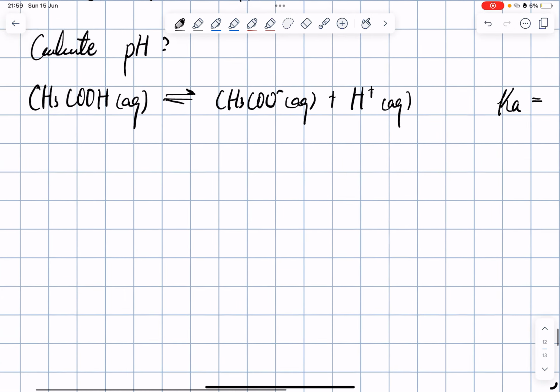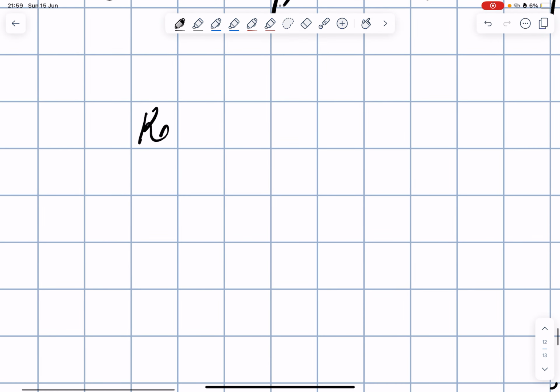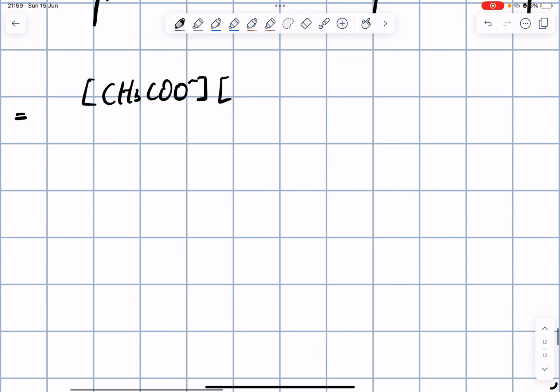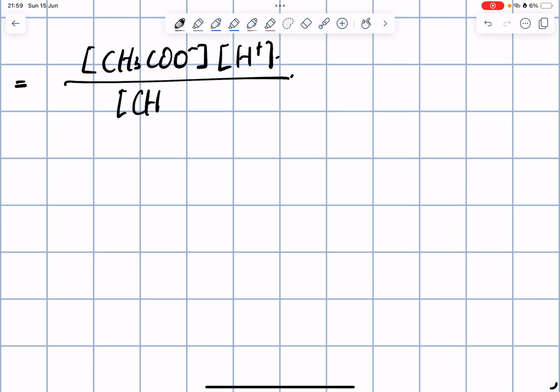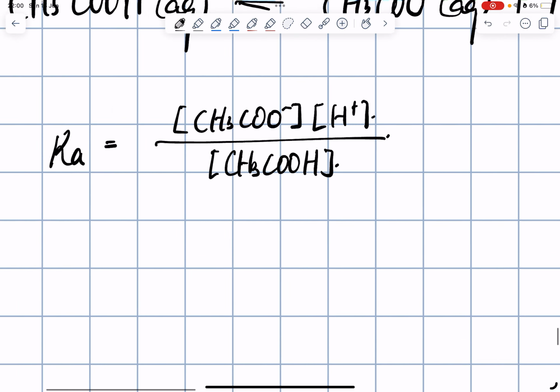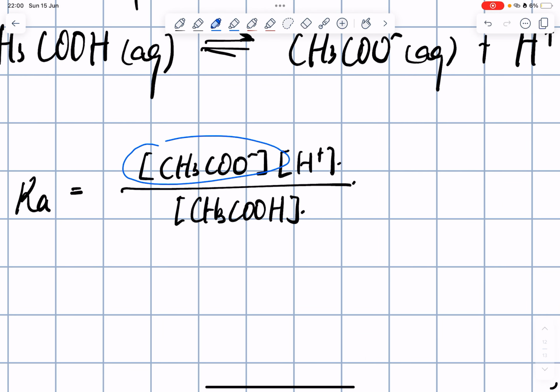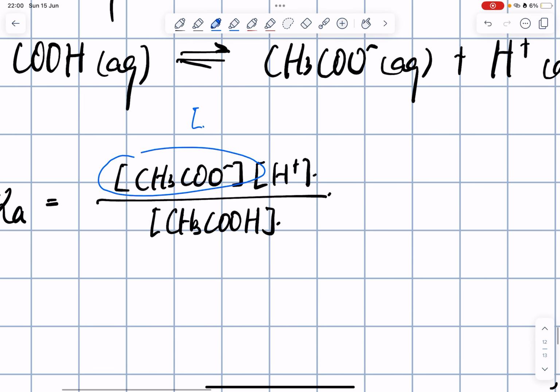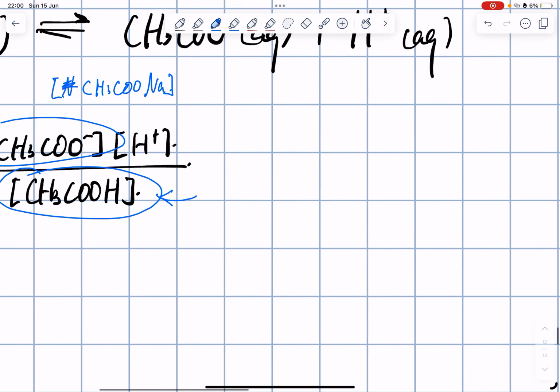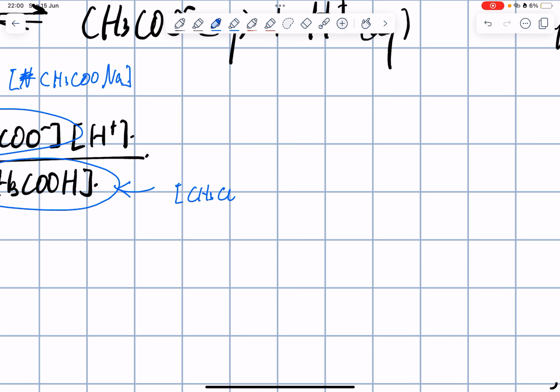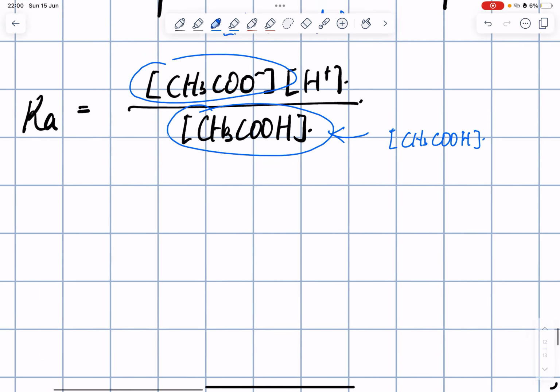So we can say that Ka equals the concentration of these times the concentration of hydrogen ions, over the concentration of ethanoic acid, and we're getting this from the concentration of CH3COONa, and we are getting this from the concentration of ethanoic acid.